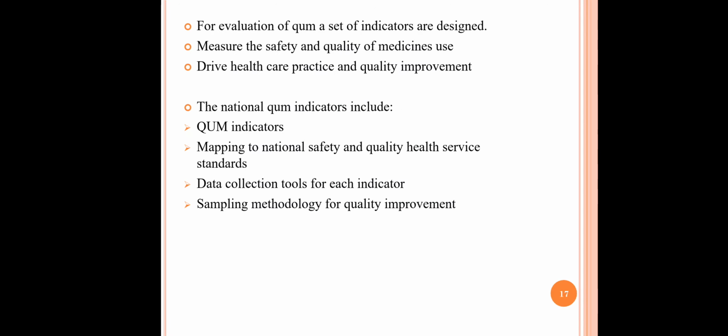For evaluation of QUM, a set of indicators is designed to measure the safety and quality of medicines use, drive healthcare practice and quality improvement. The national QUM indicators include QUM indicators, mapping to the national safety and quality health service standards, data collection tools for each indicator, and sampling methodology for quality improvement.